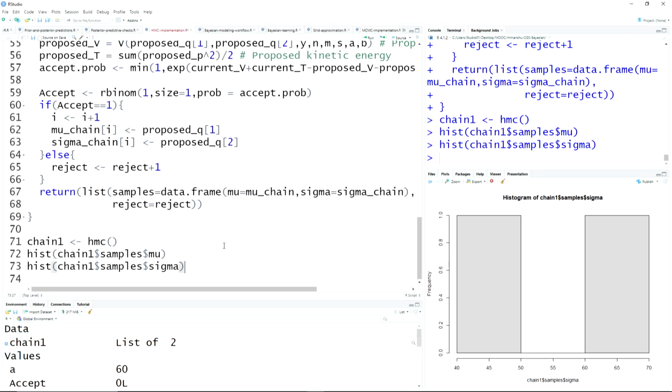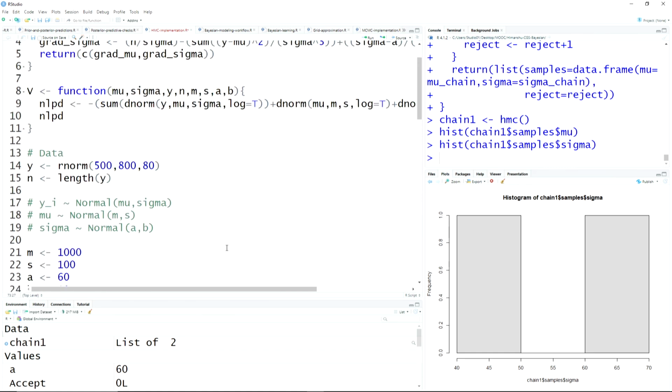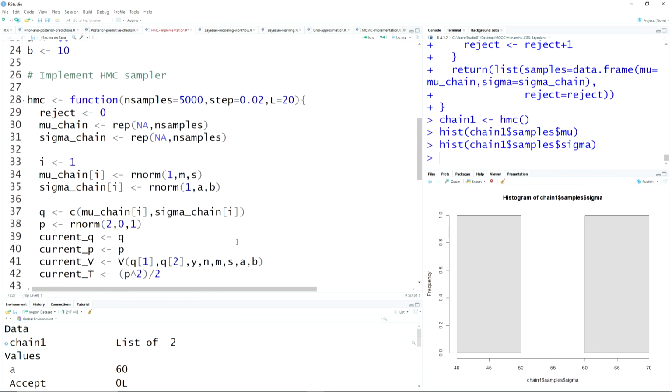Okay. So the purpose of this lecture was to show you how we can implement an HMC sampler in practice, right? So in practice it requires much more work. So basically you need to define your gradient functions, your energy functions, and then use them to calculate new position of the particle after time t, and then you can do all the same things to determine acceptance rejection criteria, right?